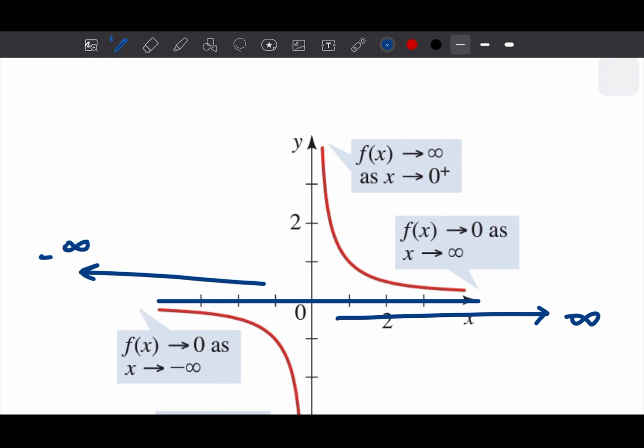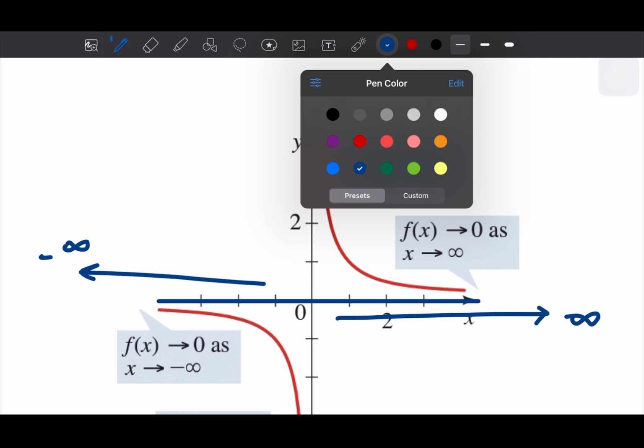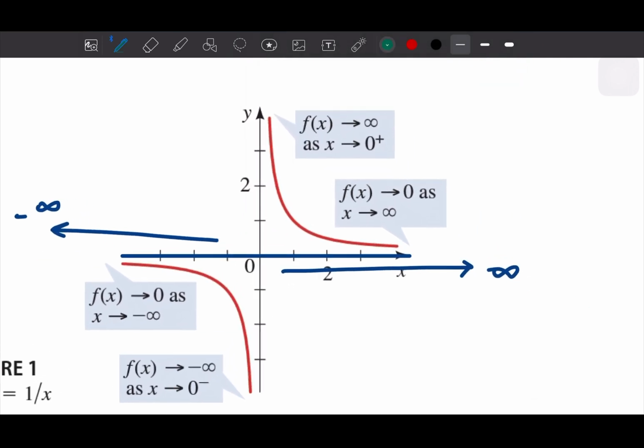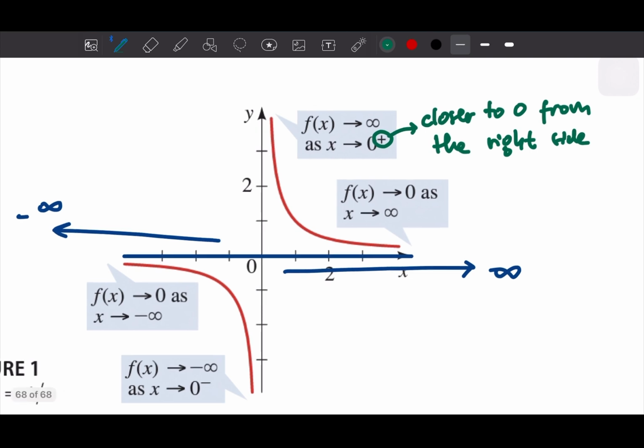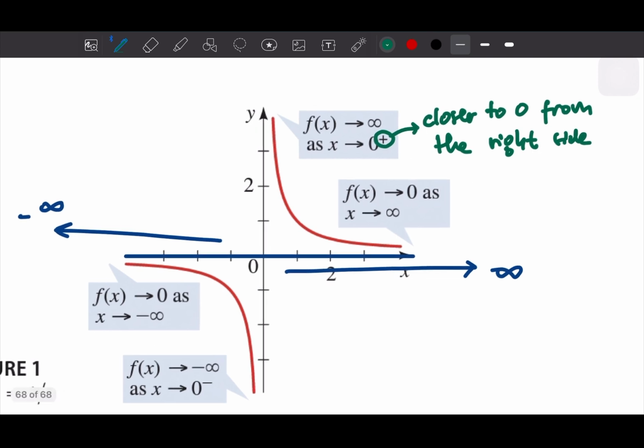The same thing happens also for the vertical line. When x gets closer to zero from the positive side, from the right, it is approaching zero.